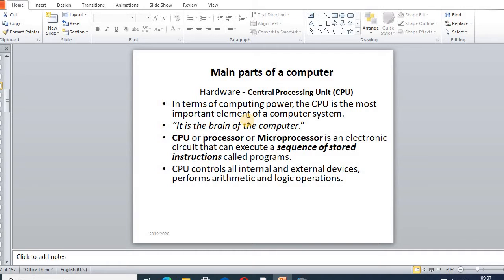Is it okay? So the CPU controls all the internal and external devices. We have looked at the physical parts of a computer, the internal devices, and again the external devices. For example, I've talked of a keyboard, a mouse, a monitor, and the central system unit.